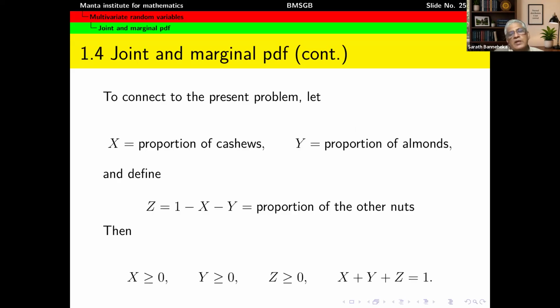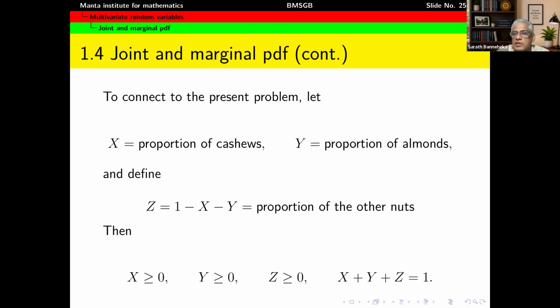So to connect our problem to the Dirichlet distribution, notice that we have three variables like x1, x2, x3. Here we have x, y, z, where x is the proportion of cashews, y is the proportion of almonds, and let's take z to be the proportion of other nuts. So that will be 1 minus x minus y, right?